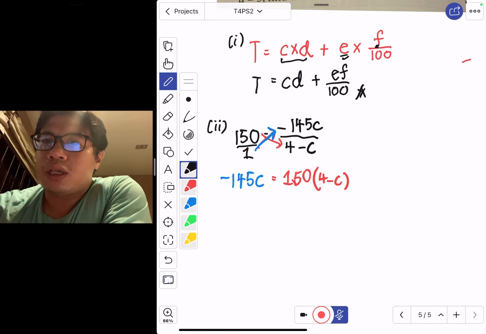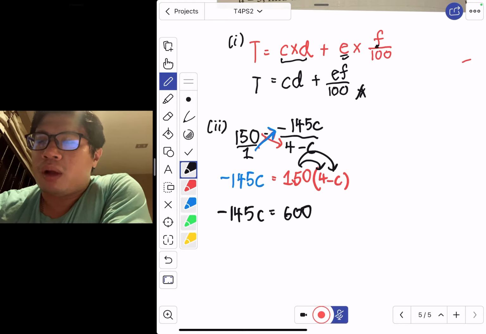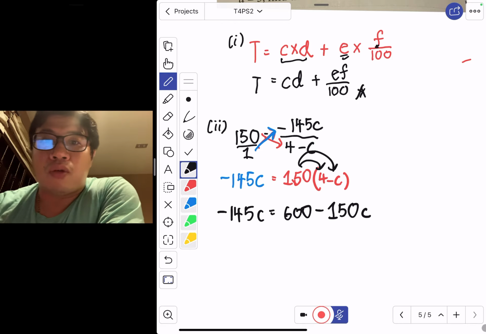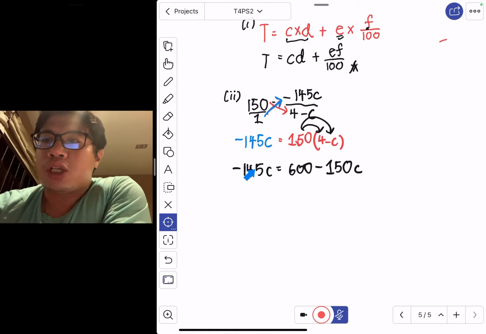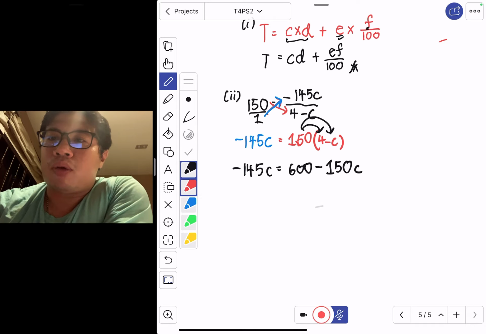So this gives you negative 145C equals 150 times 4, which is 600, and 150 times negative C is negative 150C. Now I want to make both sides the same, so I'm going to bring the smaller to the bigger. I'm going to add 150C to both sides.